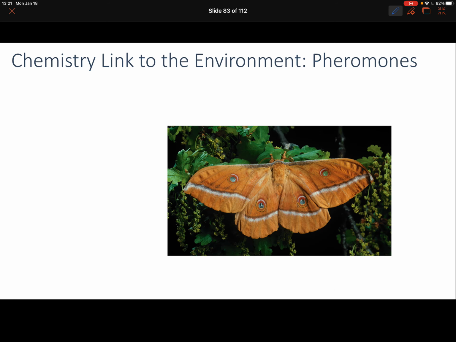All right, so let's talk about how some of these structures have a chemistry link to the environment component. So pheromones, for example, are chemicals that insects and many other animals emit, and they're like chemical messages to other members of the same species, sometimes signaling that they're ready to mate, or maybe some kind of coordinating effort, or maybe even mimicry signals meant to cause a predator or prey to think that it's safe or to be turned off.